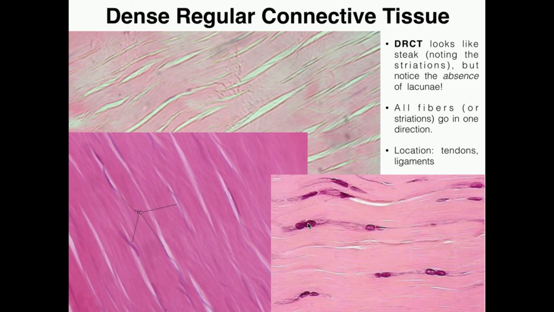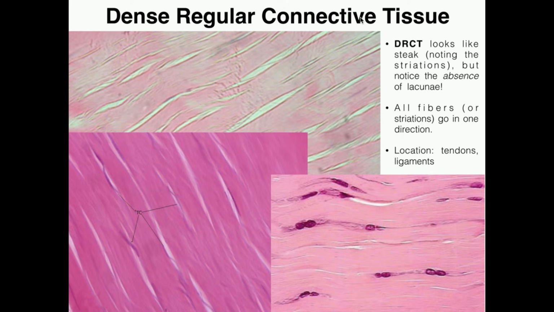And because there's no lacunae, that's how you recognize these as dense regular connective tissue. All right. Now, dense regular connective tissue, one of the common places that you find this is in tendons and ligaments, which we're going to talk about briefly when we do muscle tissue after the first practical. All right. You typically are going to find this tissue where things need to be very, very strong.